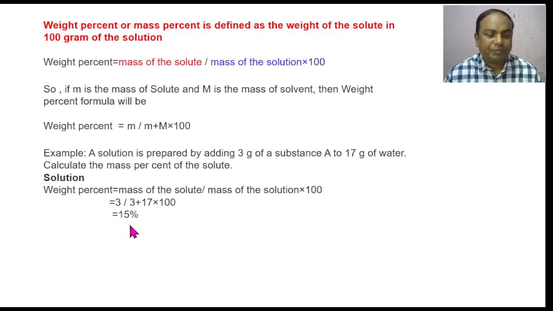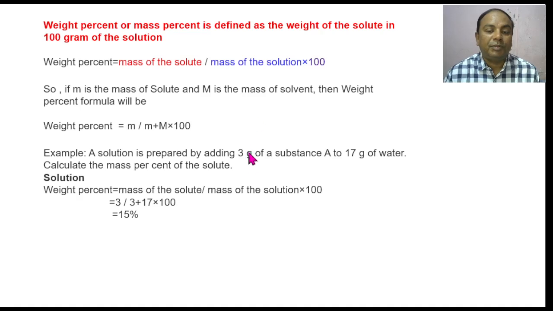If this equation is not multiplied by 100, then what we would get is the mass fraction of that particular solute in the stream. This may be a stream, 3 gram in 17 gram of water, and it can enter into the process unit.